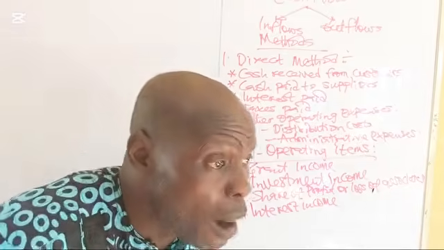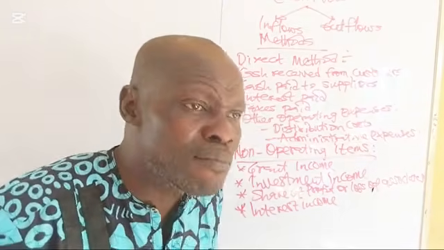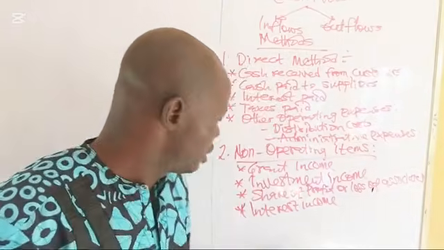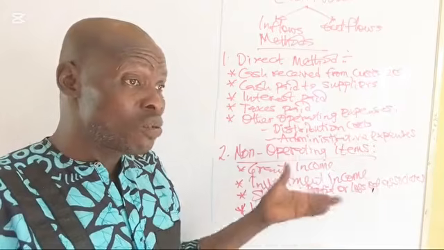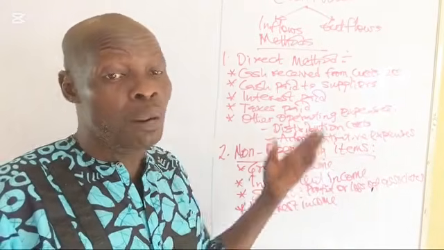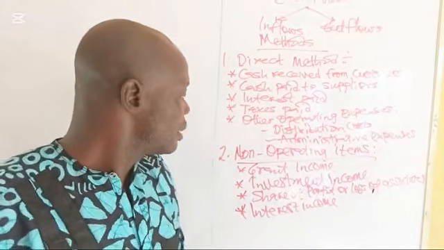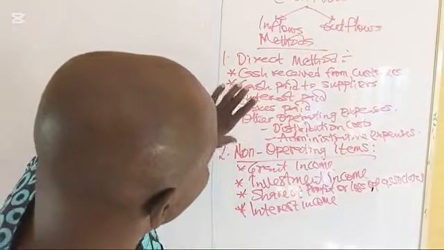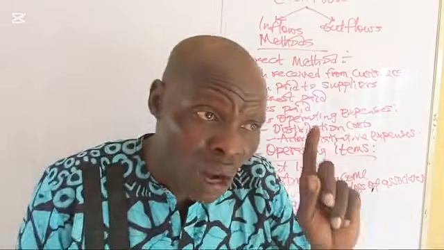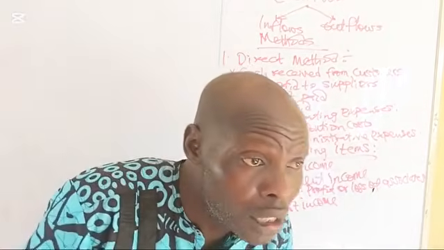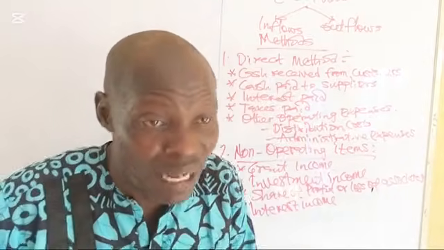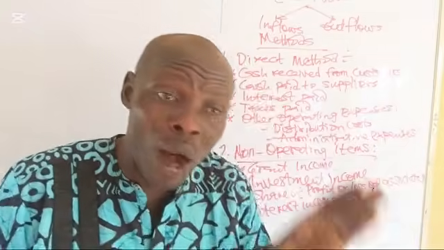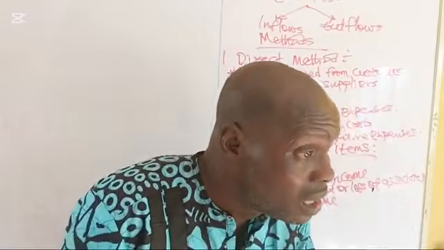Since it has formed part of profit before tax, you will need to eliminate its impact in your reconciliation process. This is number 2. We are on operating activities under the indirect method.